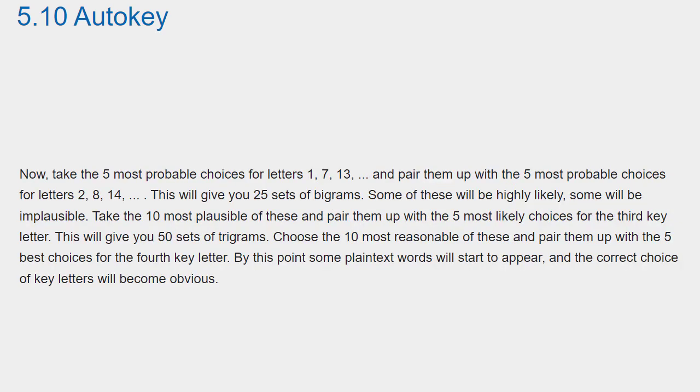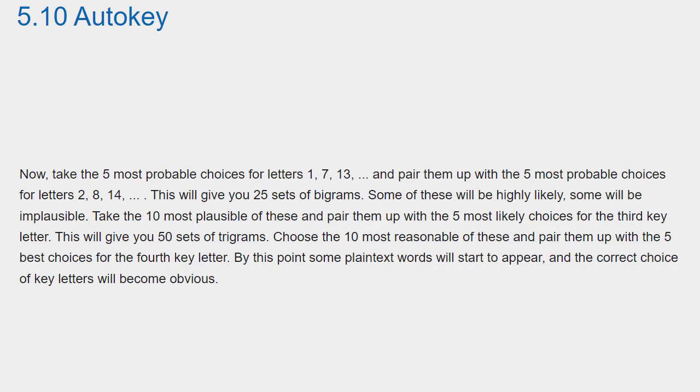Now take the 5 most probable choices for letters 1, 7, 13 and pair them up with the 5 most probable choices for letters 2, 8, 14. This will give you 25 sets of bigrams. Some of these will be highly likely, some will be implausible.